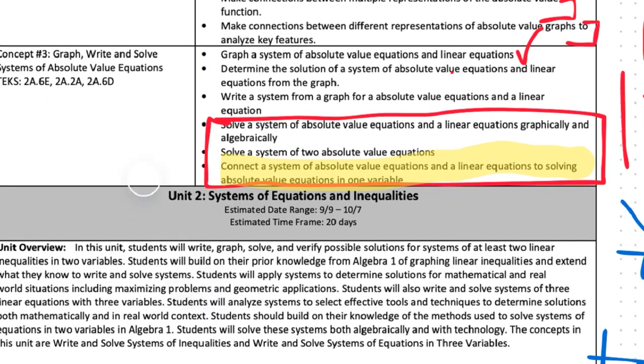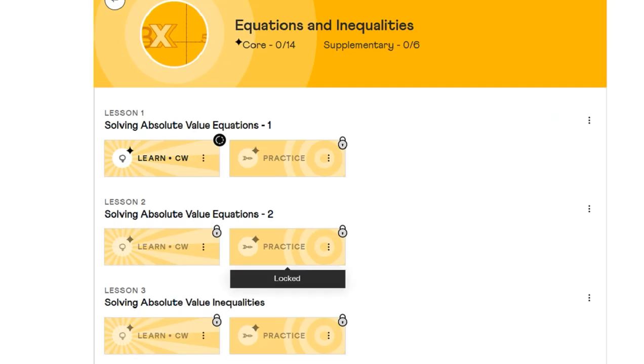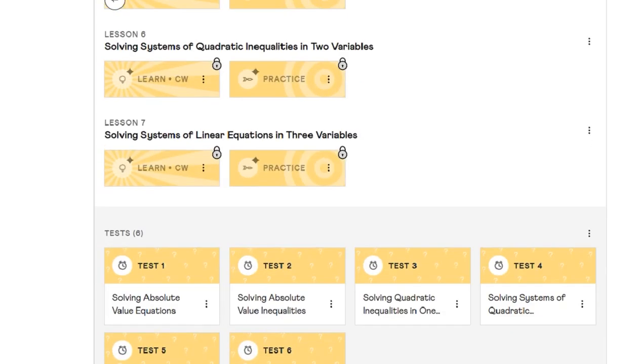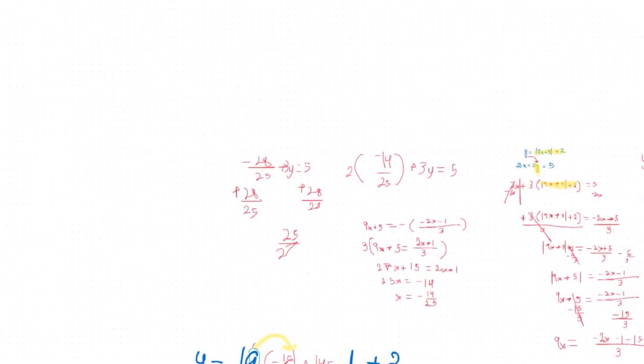Solve a system of two absolute value equations. Let me check. Okay, if there's a question, come to the next page.